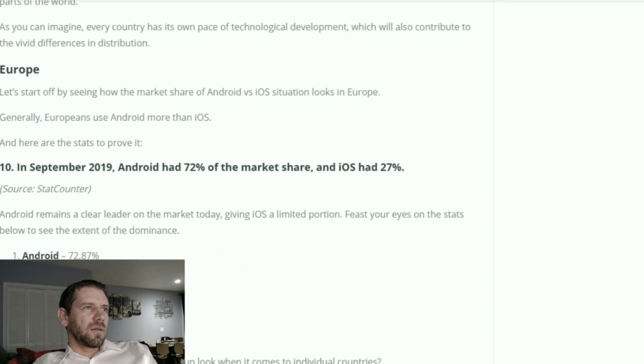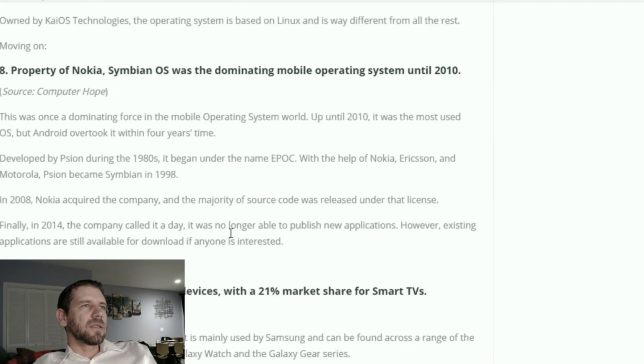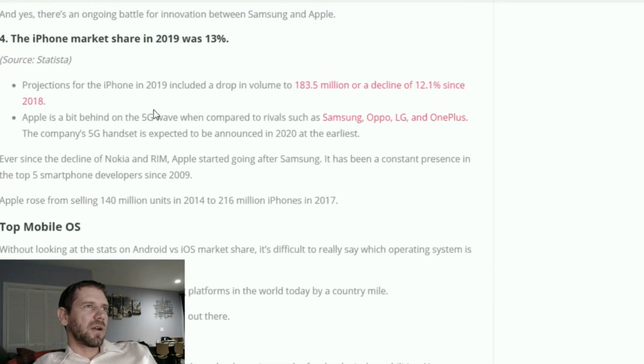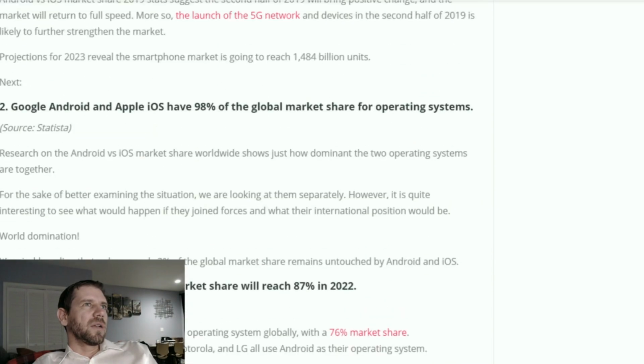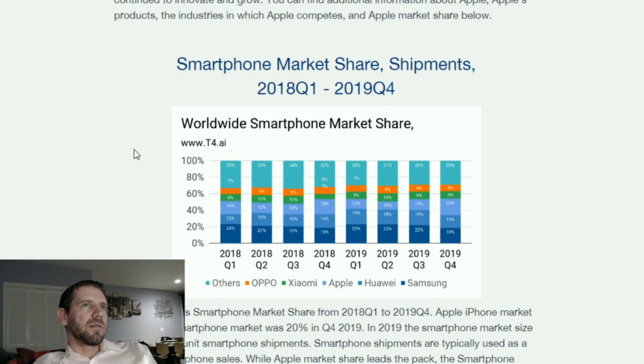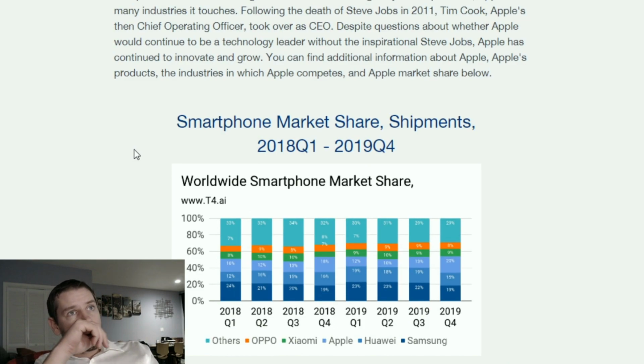So, the market share keeps bouncing around, and different articles present different data, and it's kind of hard to sort through. But here's an interesting one here, smartphone maker by shipments, this is just for phones, right?